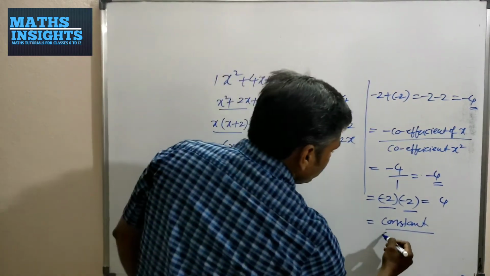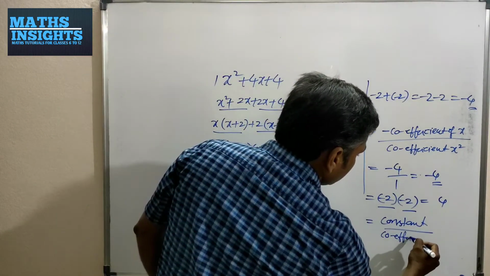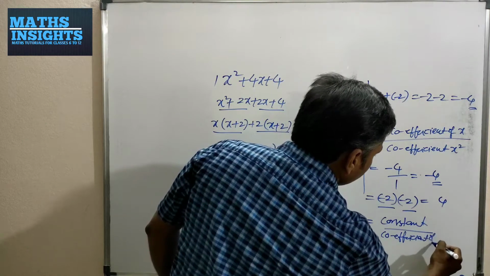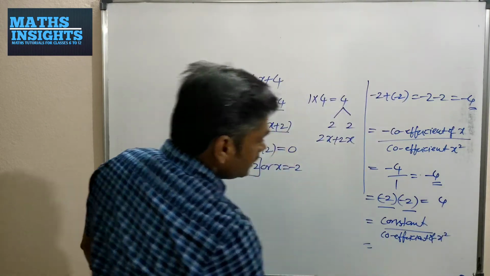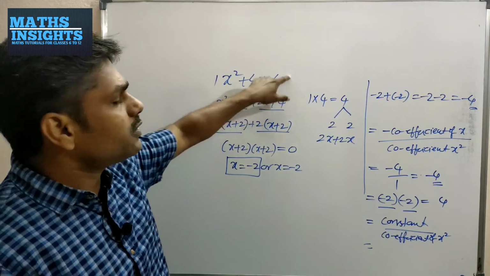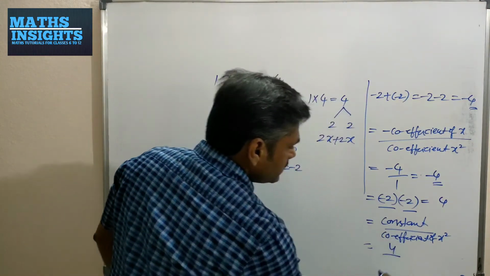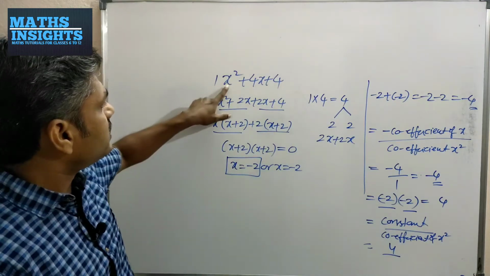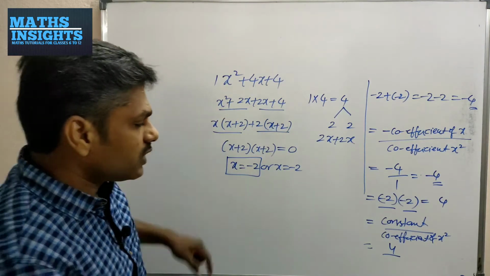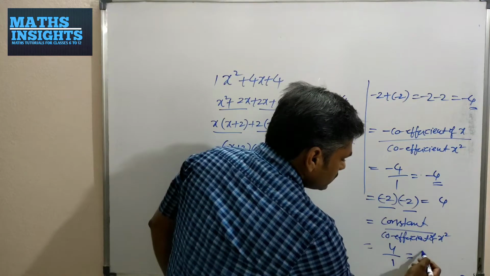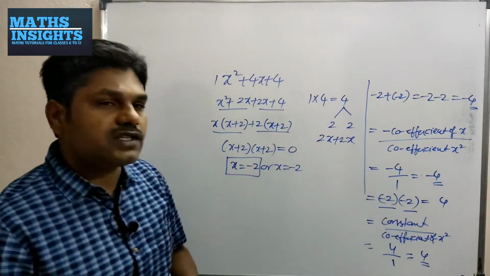by coefficient of x square. The constant in this quadratic polynomial is 4. So 4 by the coefficient of x square. See, the coefficient of x square is 1. So 4 by 1, you got 4 as your answer.